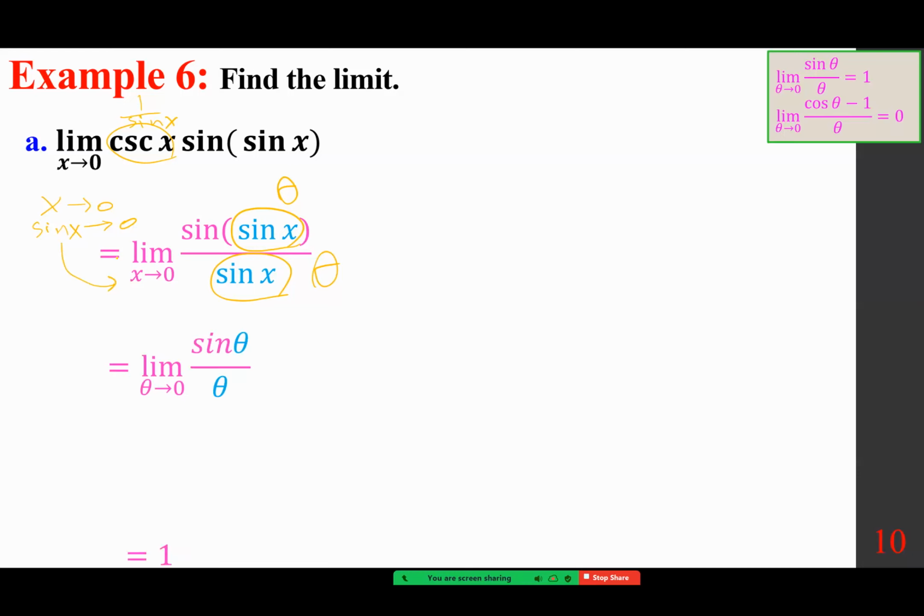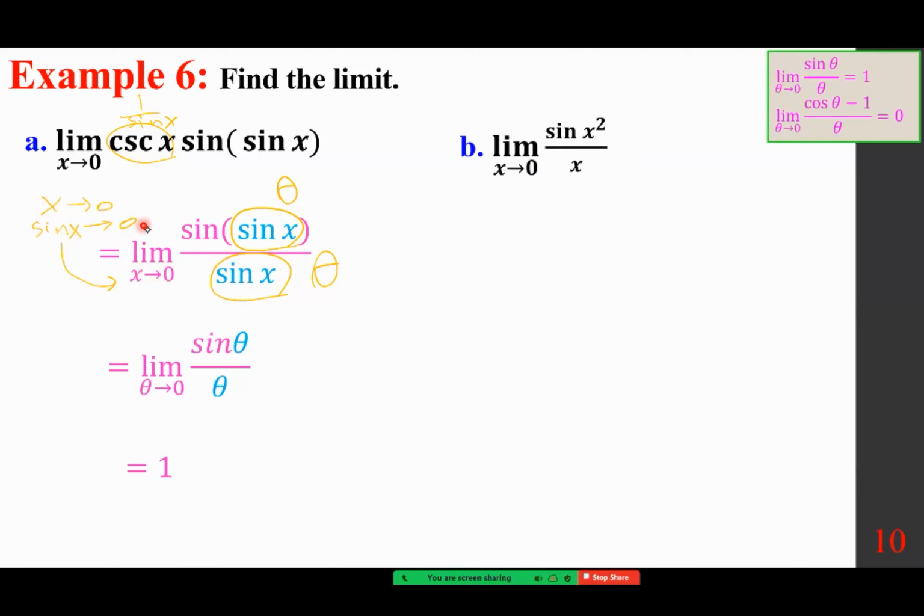Now this is equal to 1. Again, I want to make sure everybody understands that three things must be identical. This one, the argument of sine, the denominator, and this one. If they are not the same, you have to make them the same. Is x the same as sine x? Absolutely not. But when x goes to 0, you know sine x is 0. Sine of 0 is 0, right? So when x goes to 0, sine x goes to 0.